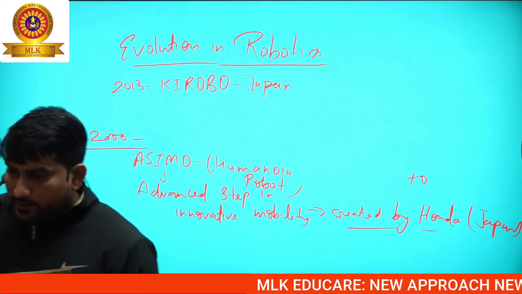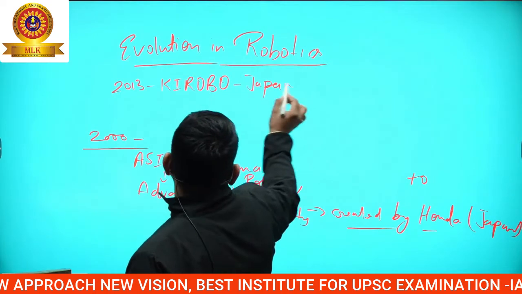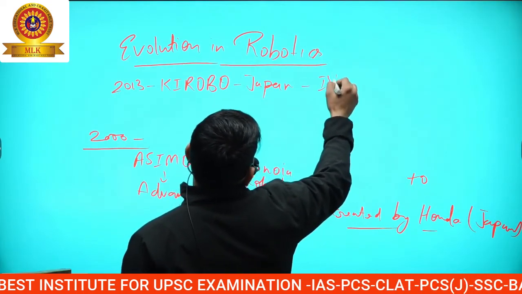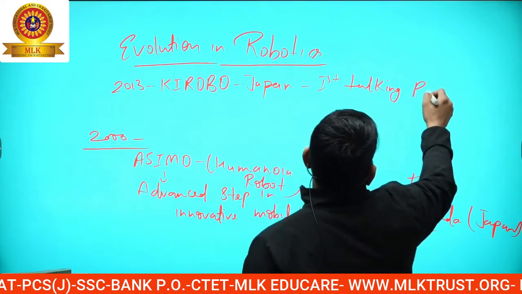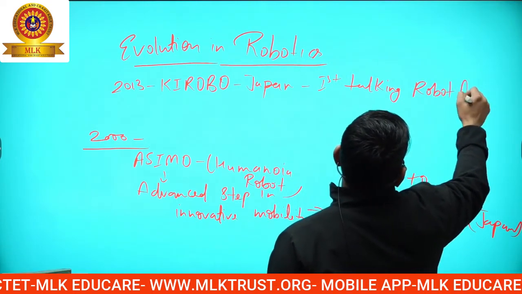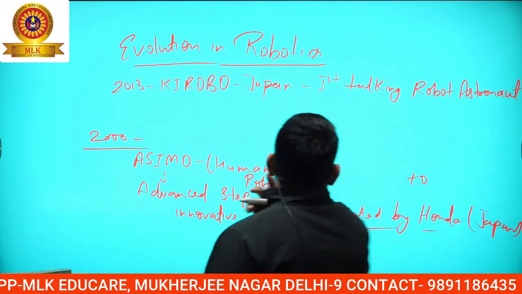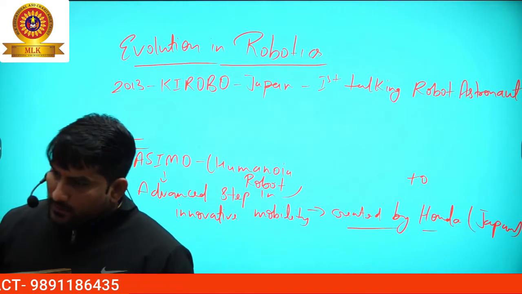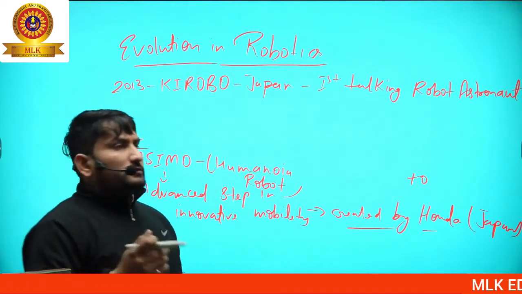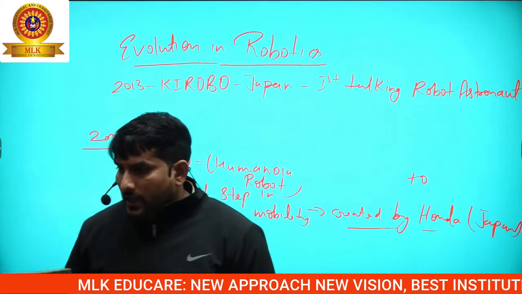Okay, and Kirobo is the first talking robot astronaut, as we mentioned before. The first talking robot astronaut, and Japan has sent it into the ISS, the International Space Station.